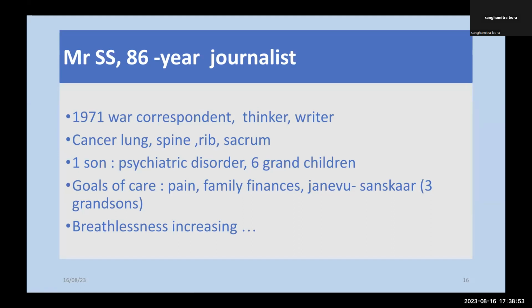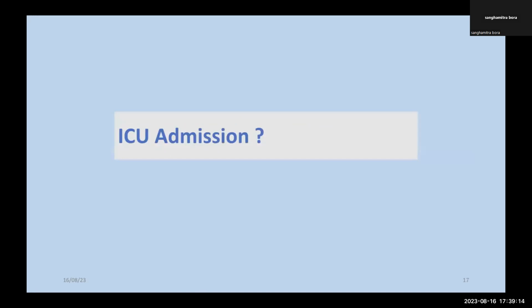Maybe the three grandsons might be needing some kind of a ritual like a Janevu Sanskar, etc. And then, realizing that his breathlessness due to the lung cancer is increasing, that is a clear indication that the patient is actually going away. So are we thinking about an ICU admission for this particular patient? Can we just give way one of our most precious ICU beds for this particular patient?